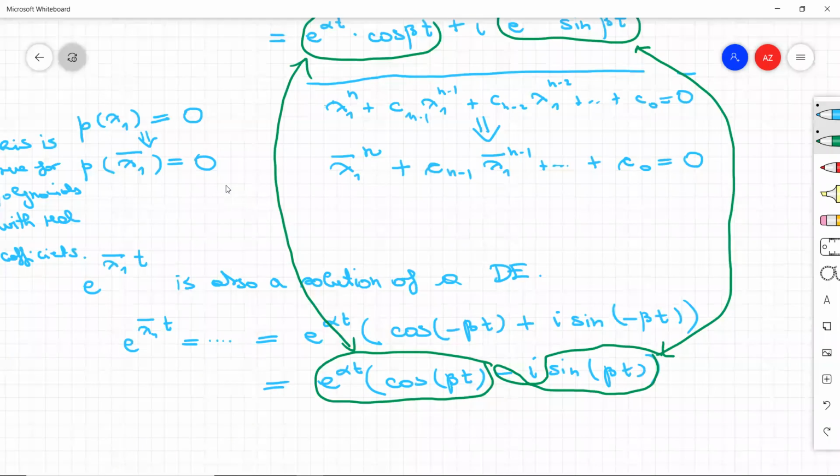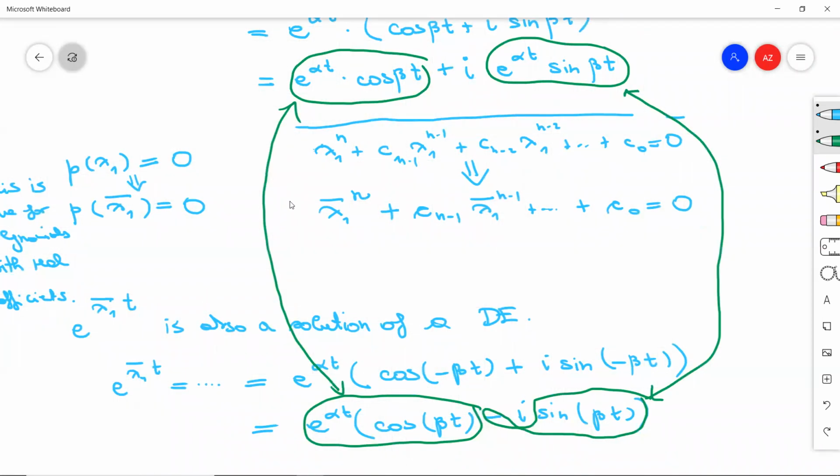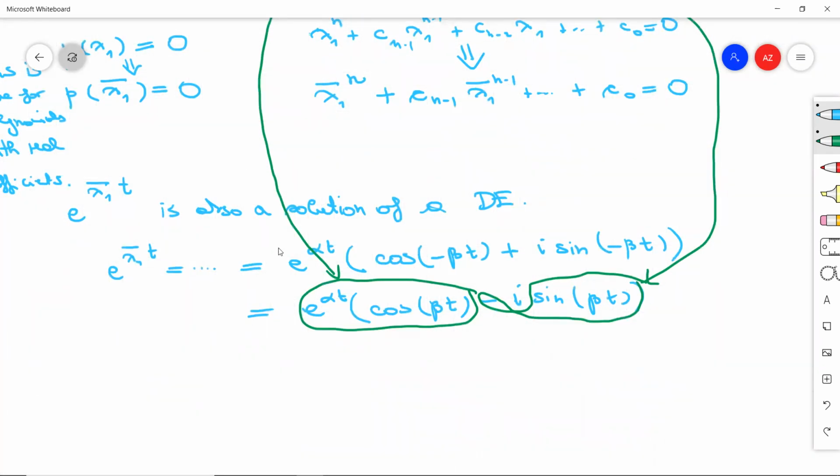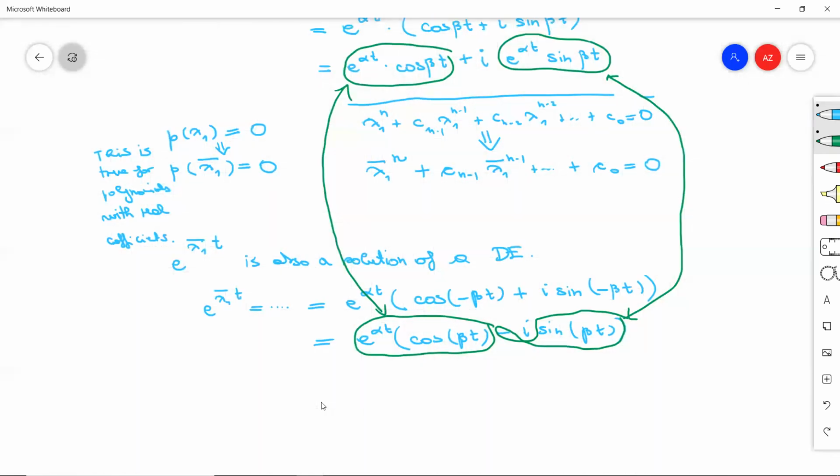And now, what can we do? How can we argue that the real part and the imaginary part of both really solve our ODE? We know that e to lambda 1 t solves our ODE, and then e to lambda 1 conjugated t also solves our ODE.